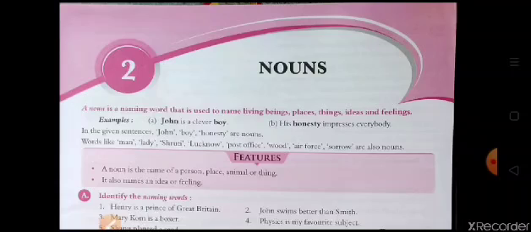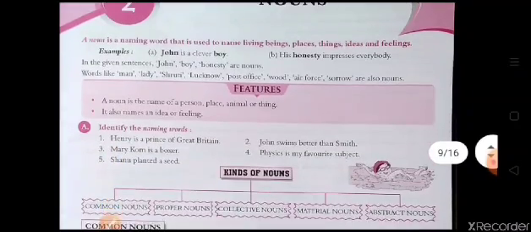His honesty impressed everybody. In the given sentence, John, boy, honesty are nouns. Words like man, lady, Shruti, Lucknow, post office, wood, air force, sorrow are also nouns. A noun is the name of a person, place, animal, or thing. It also names an idea or feeling.